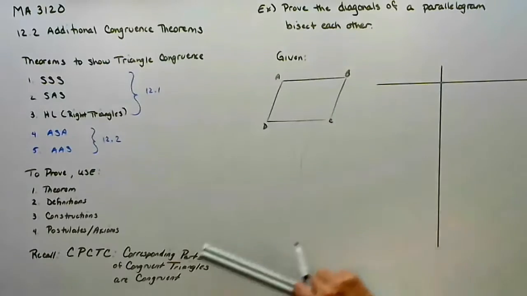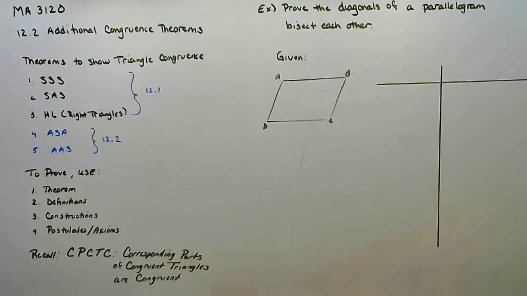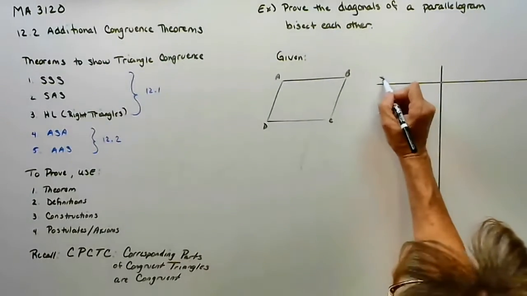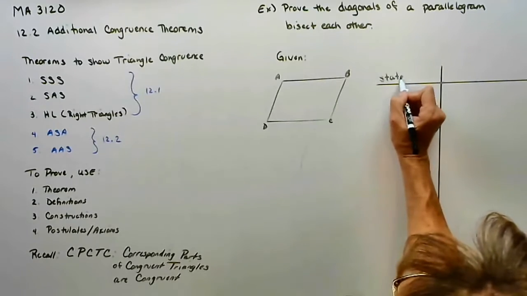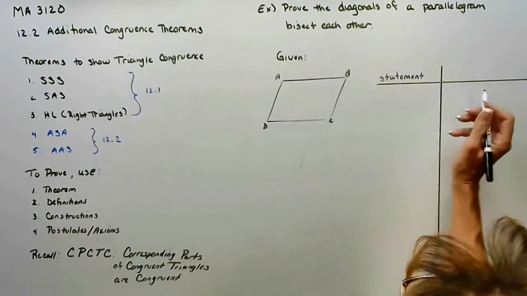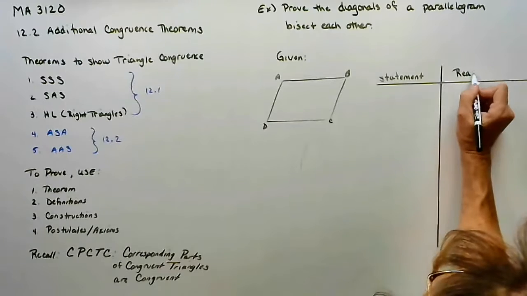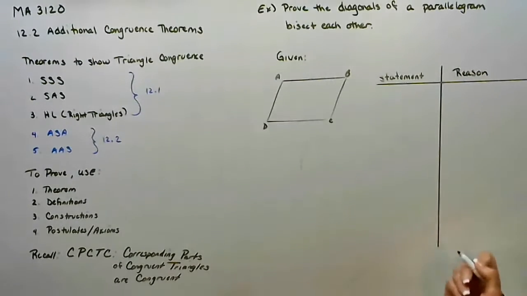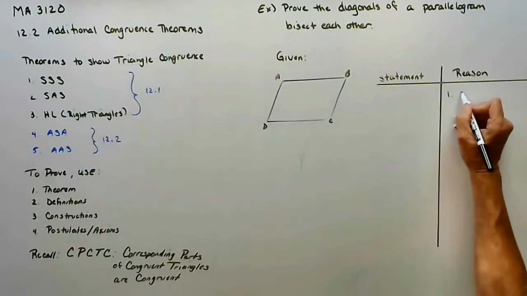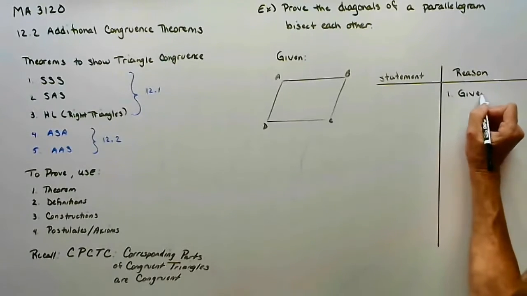Always label your columns. In this case, we have a statement and a reason. And my favorite is the very first statement and reason. The first reason we always want to use is whatever's given.